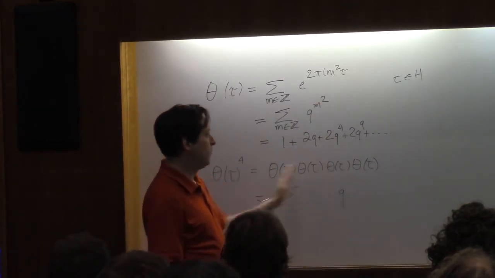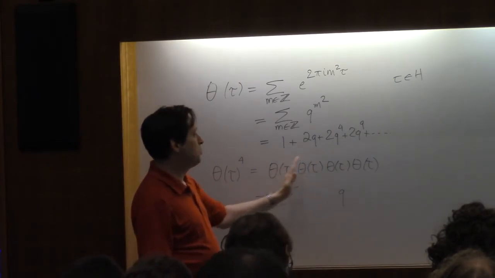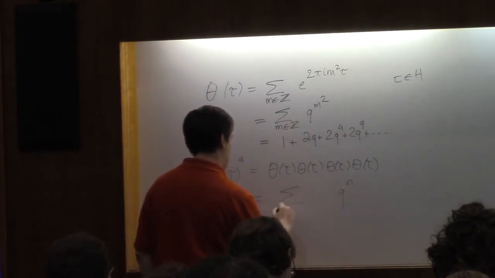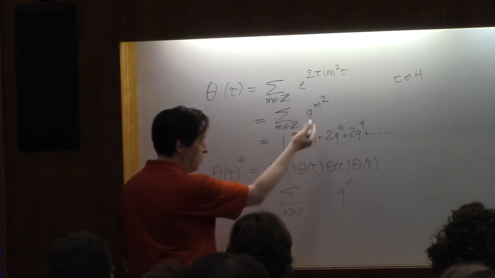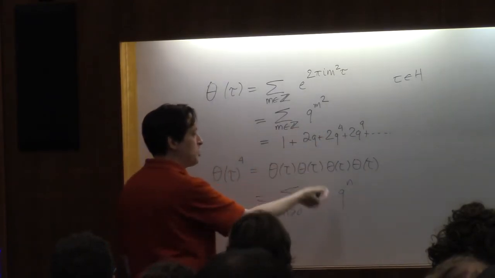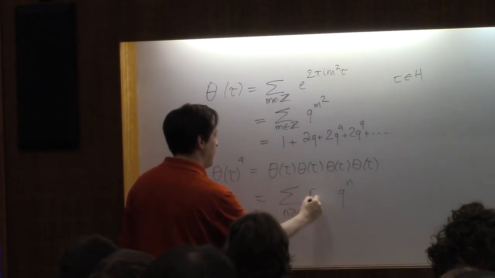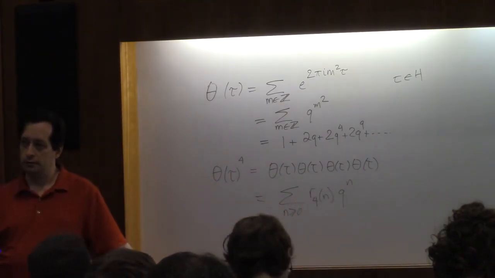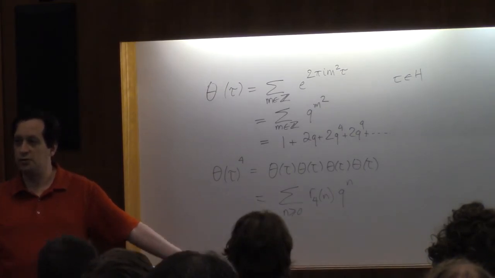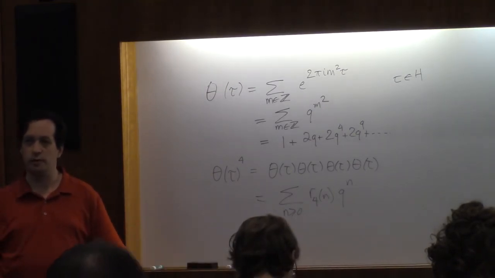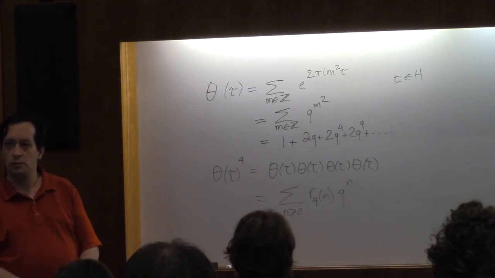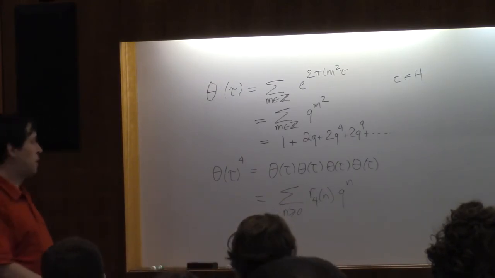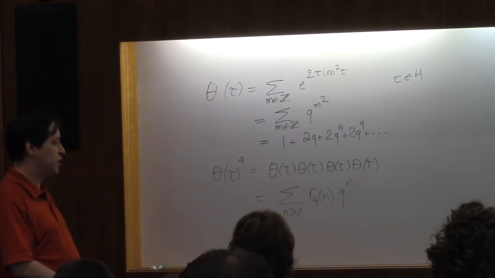But when you start multiplying them 4 at a time, you're going to have a bunch of different q to different squares added together, and so every exponent will be a non-negative number, and the number of times a q to the n will show up will be exactly counted by the number of ways you can write n as the sum of 4 squares of integers, possibly negative integers being squared. Does it make sense? See where this is coming from? Okay. Raise this to the 4th power, and you get this generating function.